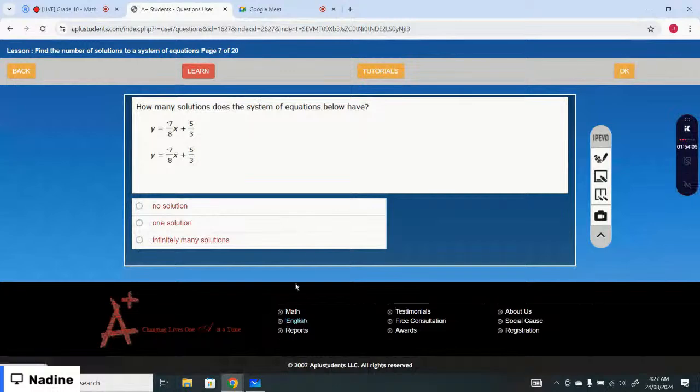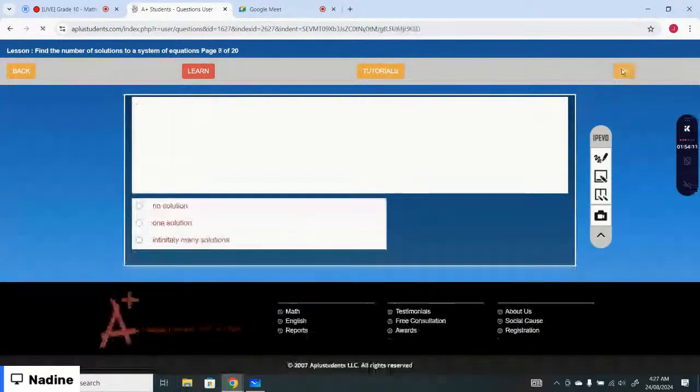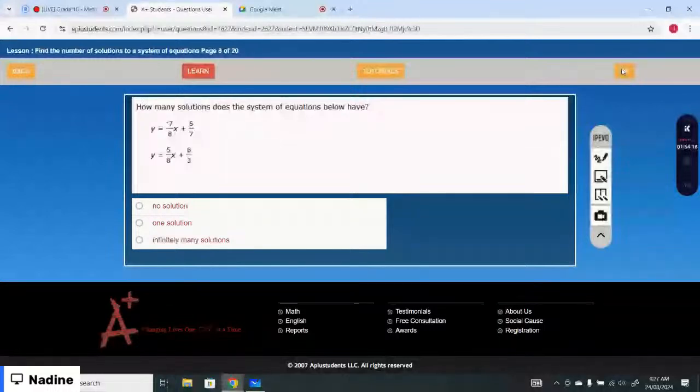Infinitely many solutions. The equations are exactly the same, right? Okay, the next one is y equals negative 7 over 8x plus 5 by 7 and y equals 5 by 8x plus 8 over 3. So which is the correct option?